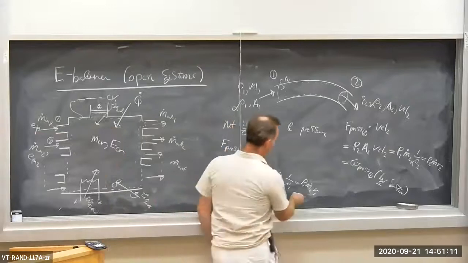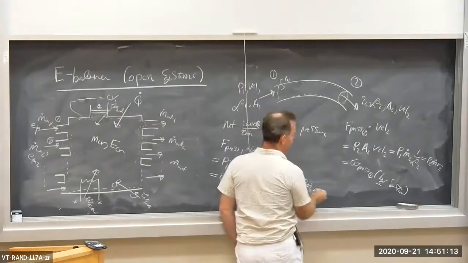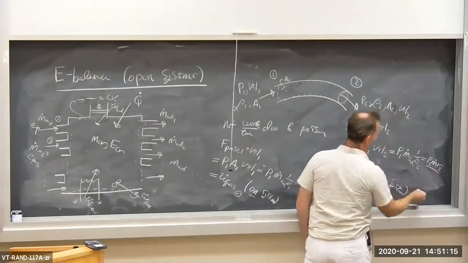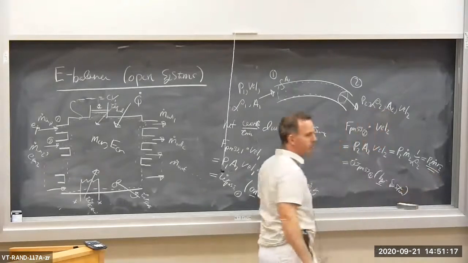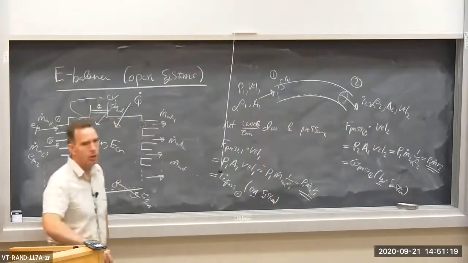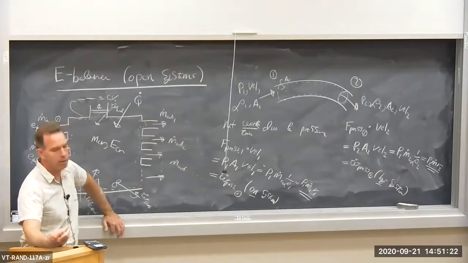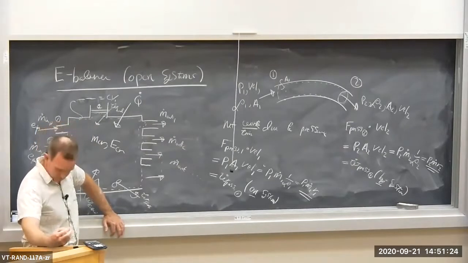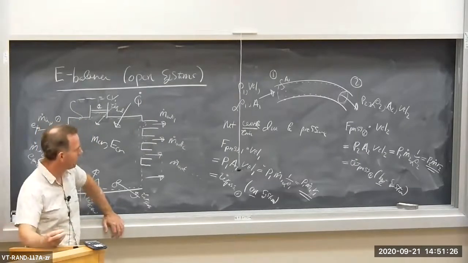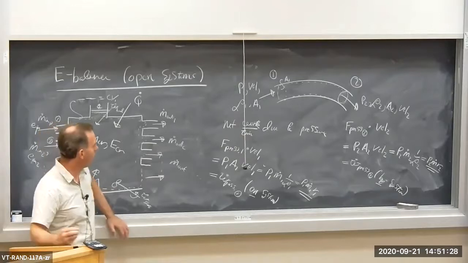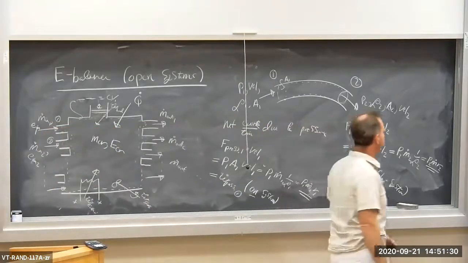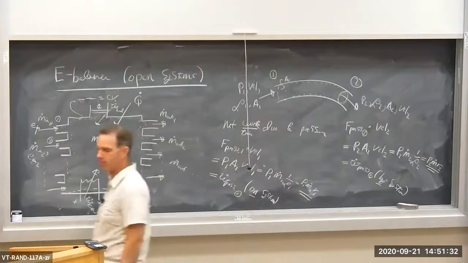So this is the important version to look at. Pressure times m dot times a specific volume gives you pressure power or work per unit time. Okay, let's take what we have here and incorporate it into our energy balance.